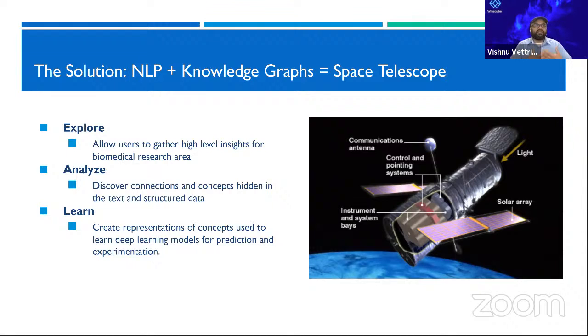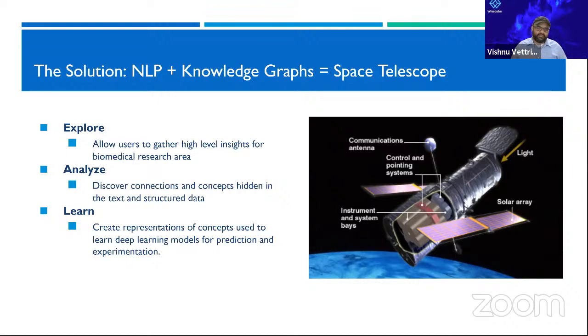Once you've analyzed the data and extracted what we call entities and relationships, you can start building what's known as a knowledge graph, which keeps track of every concept, the relationships between different concepts, and instances of these concepts in a graph form, right?